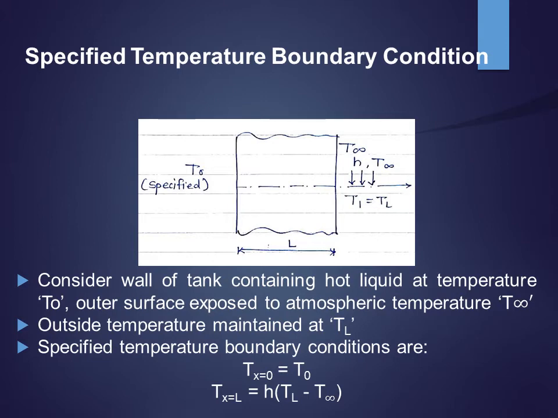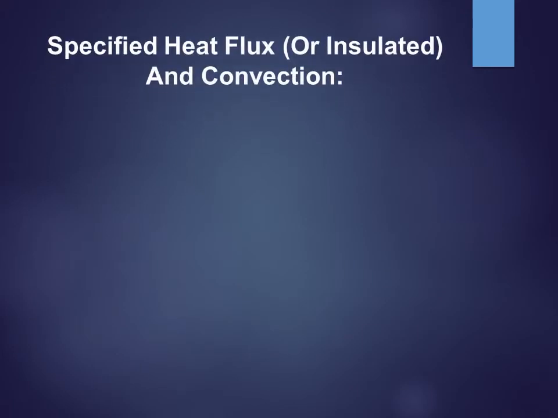The specified temperature boundary conditions are T at x equal to 0 is equal to T0, and at x equal to L, the length of the wall, it is h into TL minus T infinity, that is the temperature difference between the right hand side wall temperature minus the surrounding temperature. Remember that atmospheric temperature is denoted by T infinity.